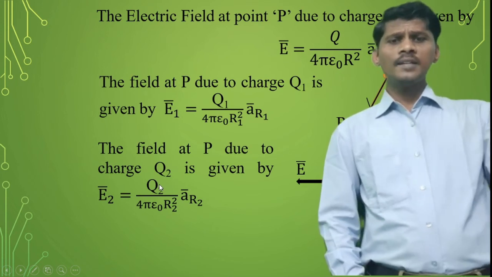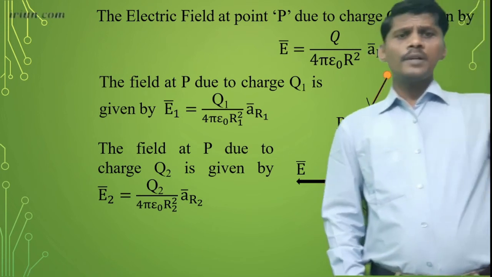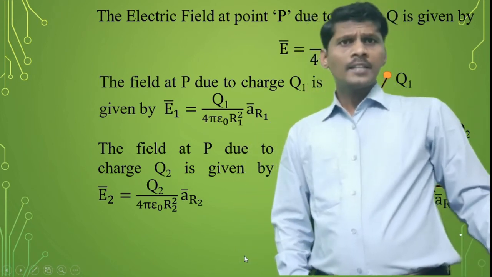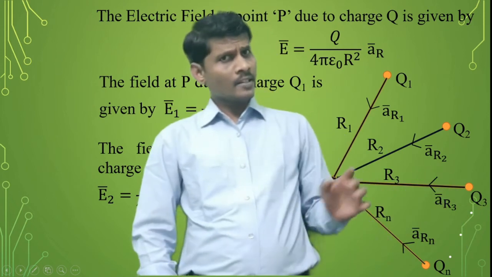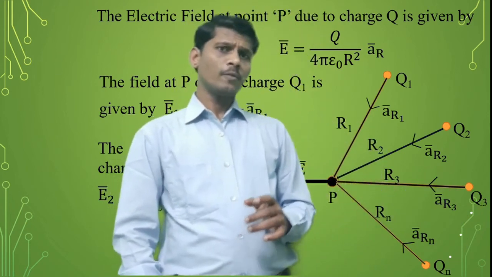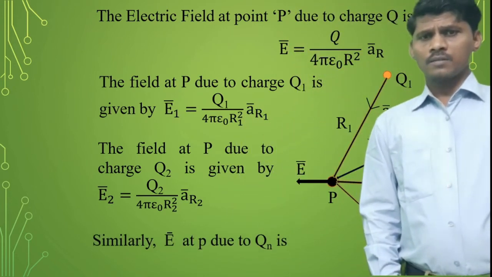Similarly, for the nth point charge, the electric field intensity at point P due to the nth charge Qn is En bar is equal to Qn by 4 pi epsilon naught Rn square into ARn bar.